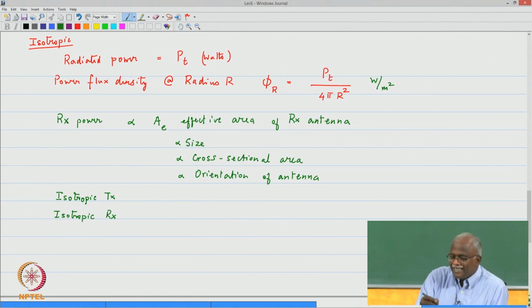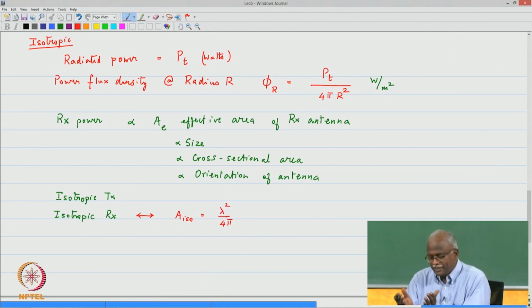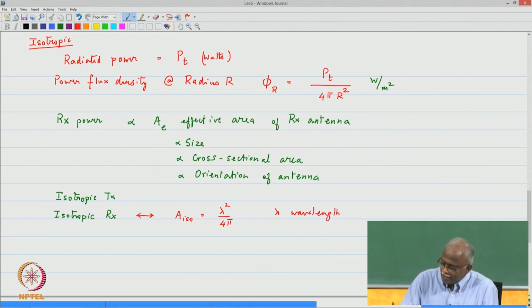Now, in the theory of antennas, we associate with an isotropic receiver an effective area of lambda squared by 4 pi. You can think of it as a constant that is used for understanding the basic operations. Lambda is the wavelength in meters of the transmitted electromagnetic wave, and 4 pi is a constant, dimensionally consistent, because lambda squared gives you meter squared, and that corresponds to the effective cross sectional area.